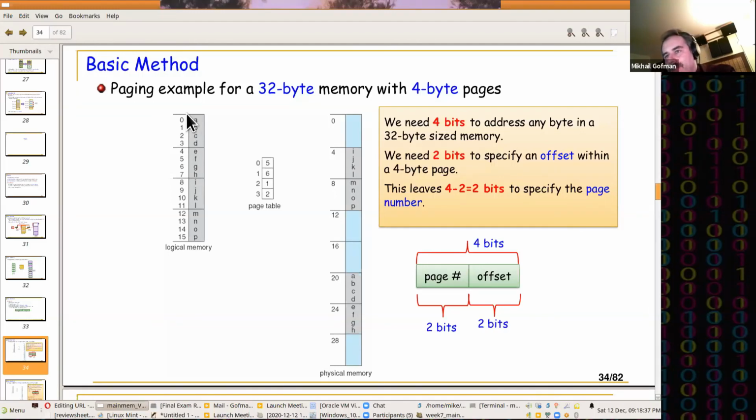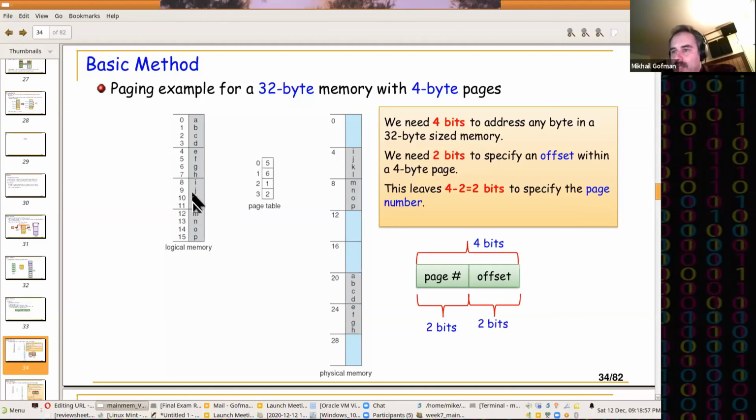Now, once again, the process is not aware that paging is going on. Whenever the process wants to access an address, it'll just specify an address it wants to access. For example, process may say, I want to access address number 10 or address number 11. That address is going to be split into the page number and the offset within a page.